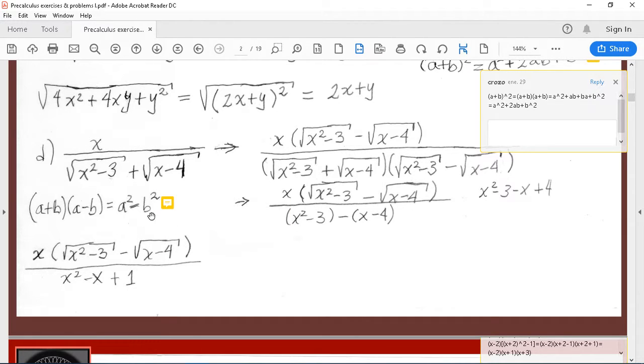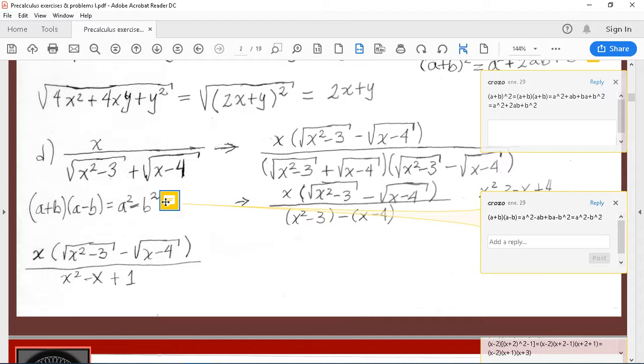That is so because we know that a plus b times a minus b equals a squared minus ab plus ba minus b squared, which is a squared minus b squared. So if a and b are radicals, by multiplying a plus b times a minus b, I take away the radicals and am left with a squared and b squared alone.